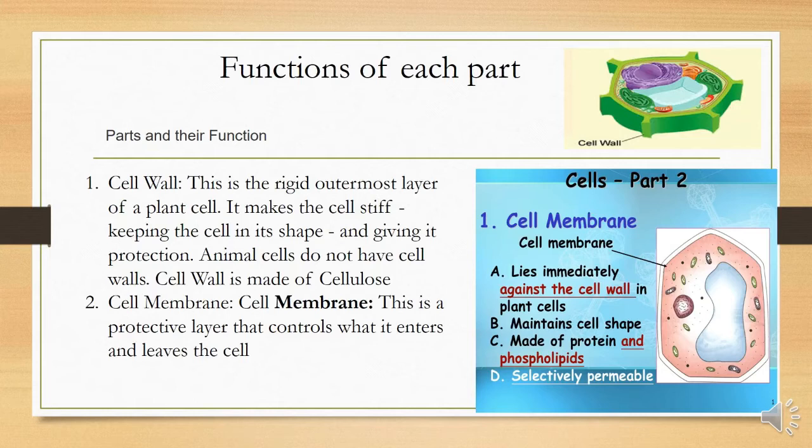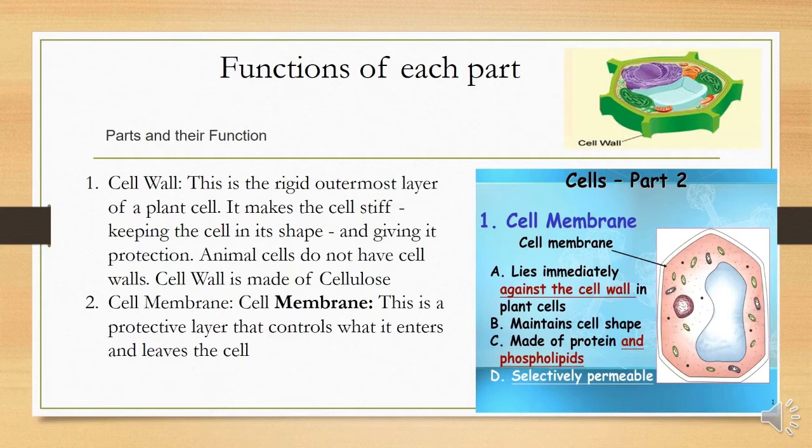Animal cells do not have a cell wall. The cell wall is made of cellulose. You can see in this picture the cell wall is in the green color, the outermost layer of the cell.